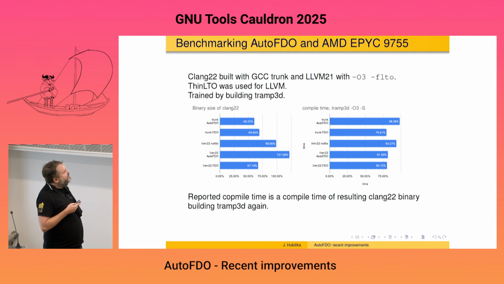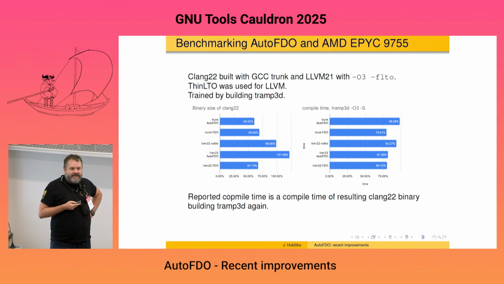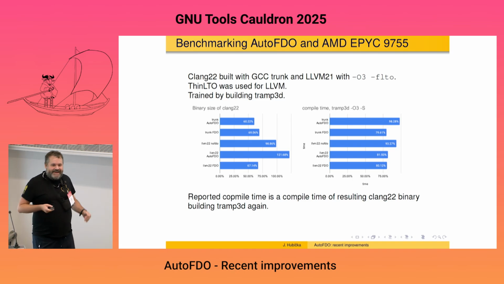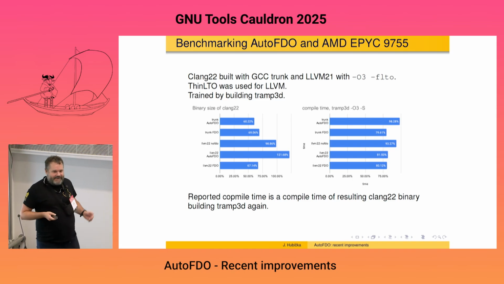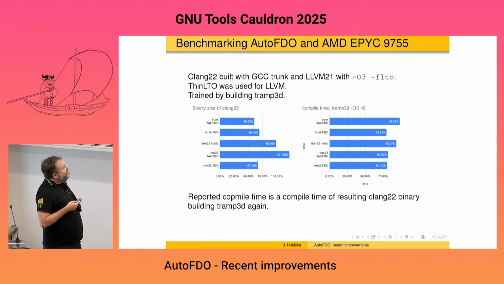So LLVM is actually building itself slightly better than GCC-built LLVM. That's why I'm using LLVM as a test case, because it's quite complex code, and I expect them to be optimizing for themselves and not for us. So if we perform well, it means that the optimization is sort of robust. The AutoFDO is actually making the binaries much bigger, but also faster.